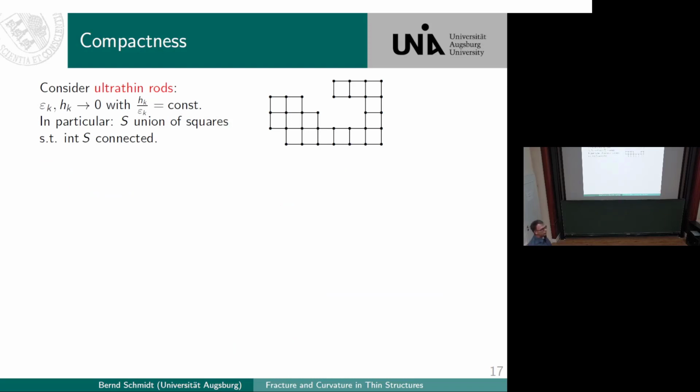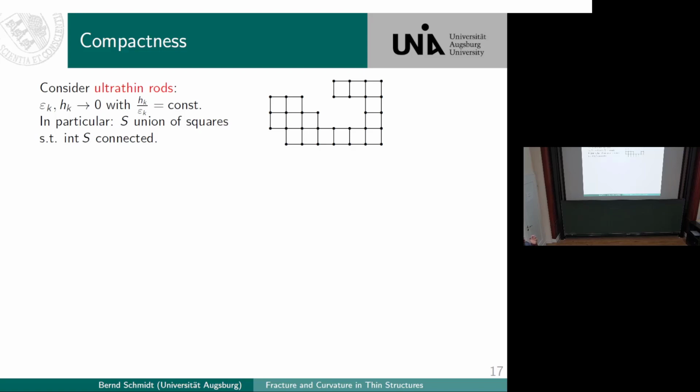Now, let's first look at compactness. So here's this picture of a very strange cross-section, just in order to show off that it can be very fancy. So this could be a very fancy kind of a rod. But let's look at the particular case where we have an atomistically fixed rod, a fixed cross-section.